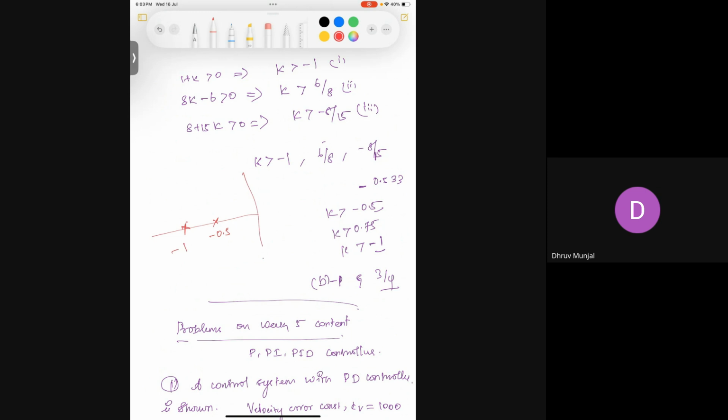When considering the stability from this point of view, we are taking the upper bound instead of taking the inner bound, right? If some value is coming around 0.3, then we will consider -0.5 at that moment.